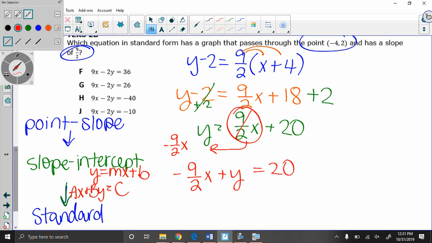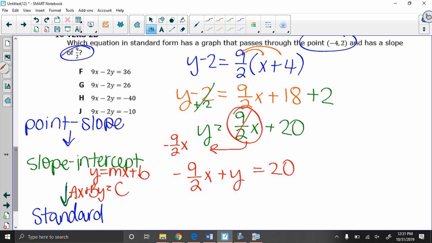Now there's one or two stipulations when it comes to standard form. In standard form, x can't be negative or a fraction.